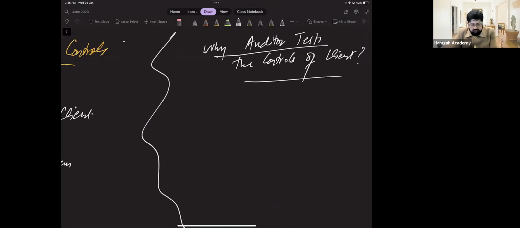Just a minute, please. Why is the auditor testing the controls? Anyone, any idea?